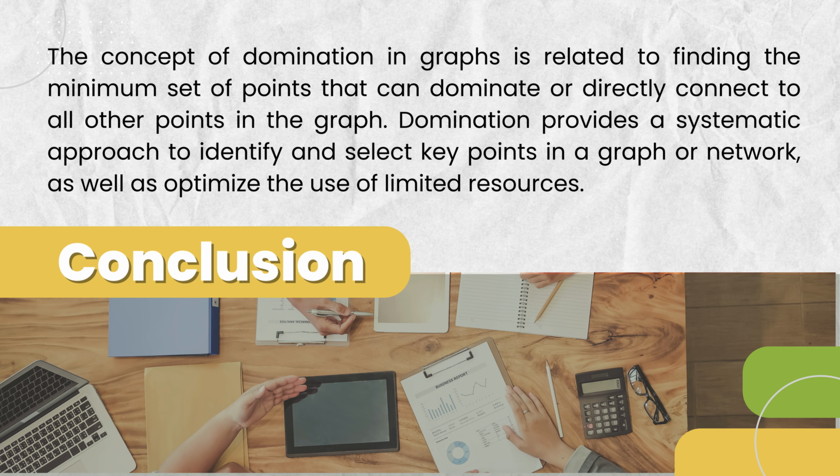Finding the minimum domination set is an NP-complete problem that is difficult to solve efficiently for large cases. It is hoped that further research and development will continue, as this concept can provide more efficient and effective solutions to overcome real-world challenges.